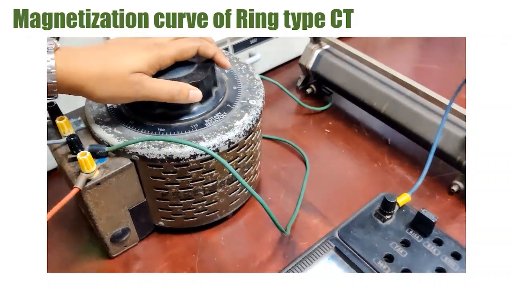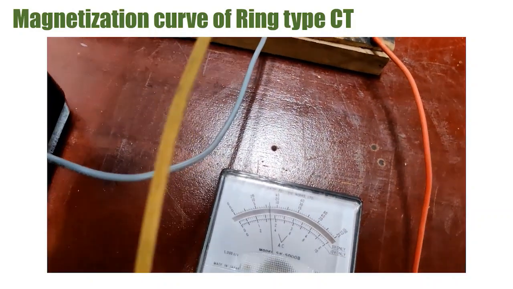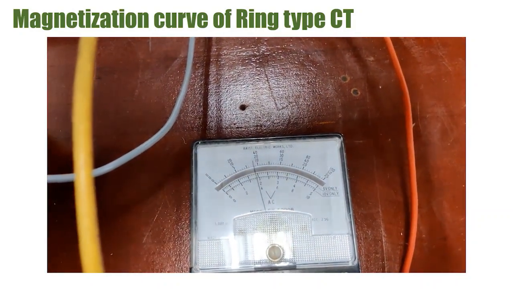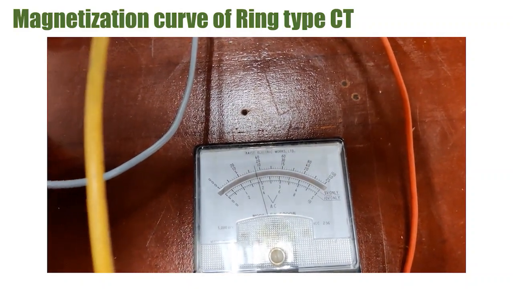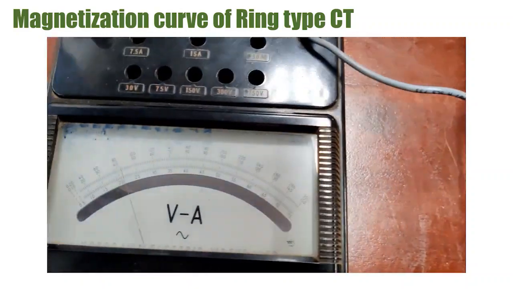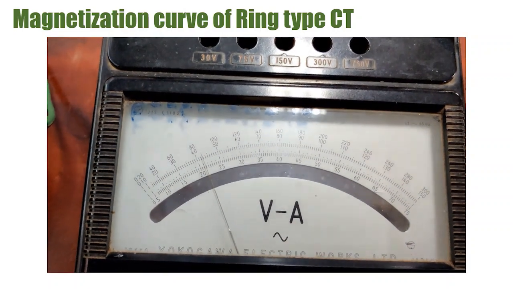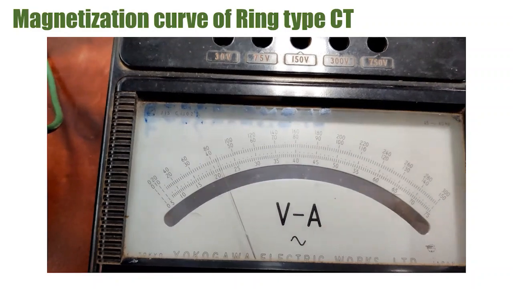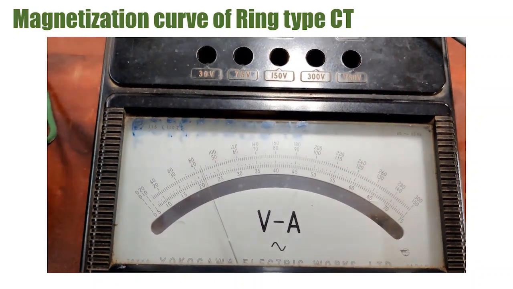Then increase the voltage by another 2 volts and take the ammeter reading. Likewise, increase the voltage 2 volts at a time and take ammeter readings up to 20 volts.